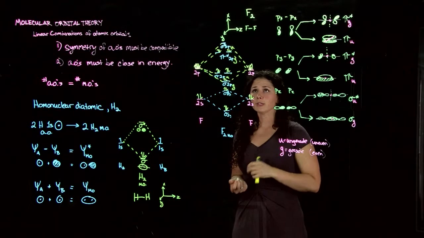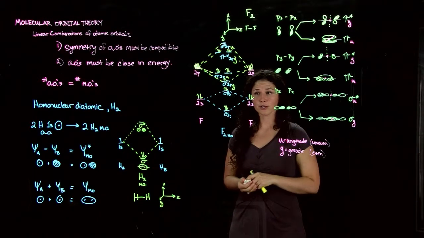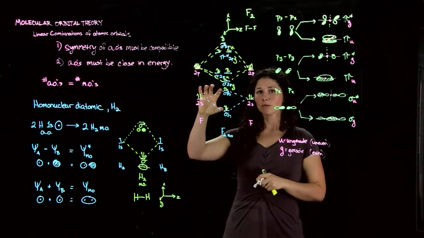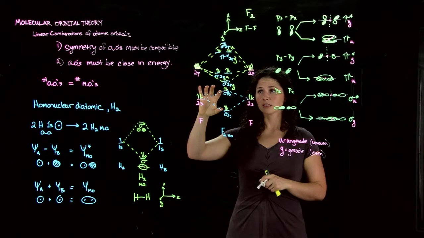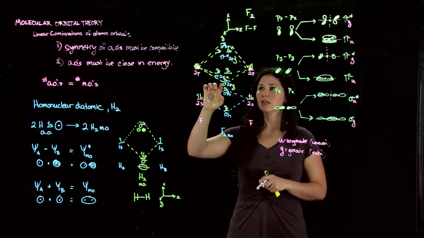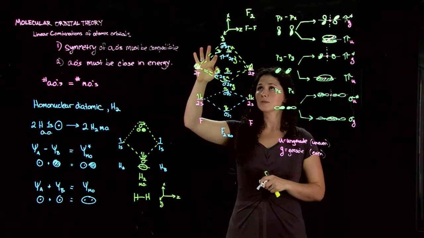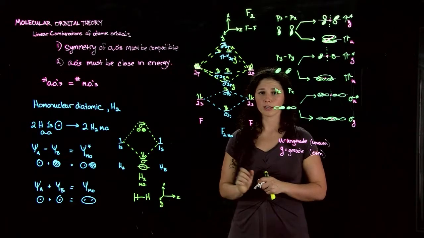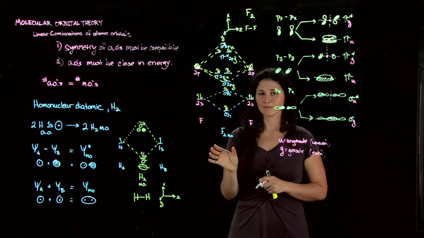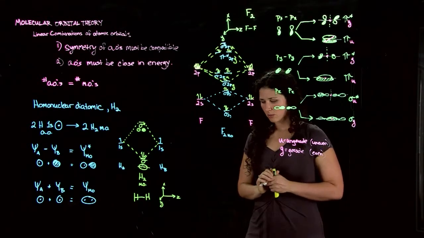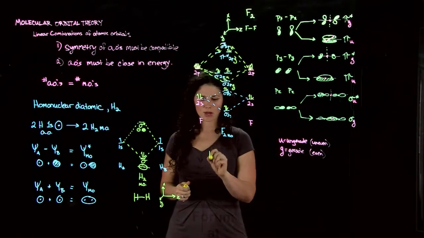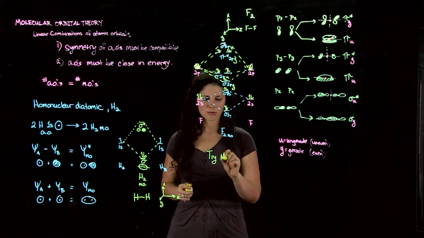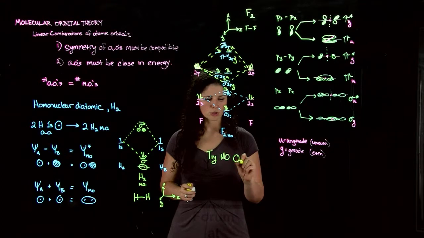And hopefully you remember how to calculate bond order. So in this case, the bonding and the antibonding orbitals cancel each other out. There are 2 antibonding full here, 2 bonding get canceled, and so you have a bond order in fluorine, or difluoride, of 1.